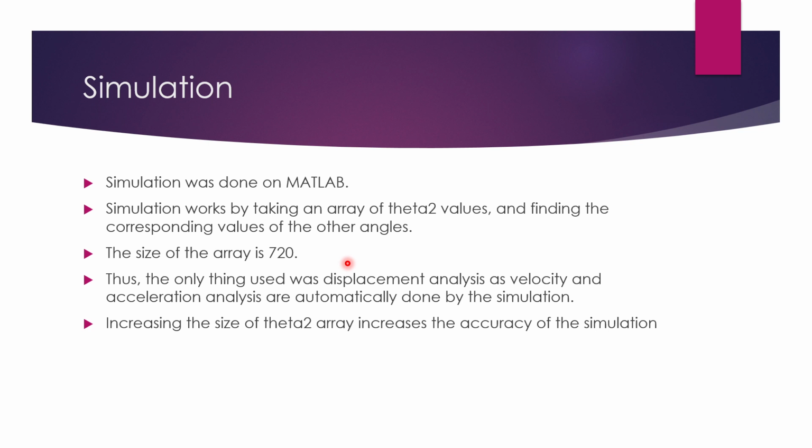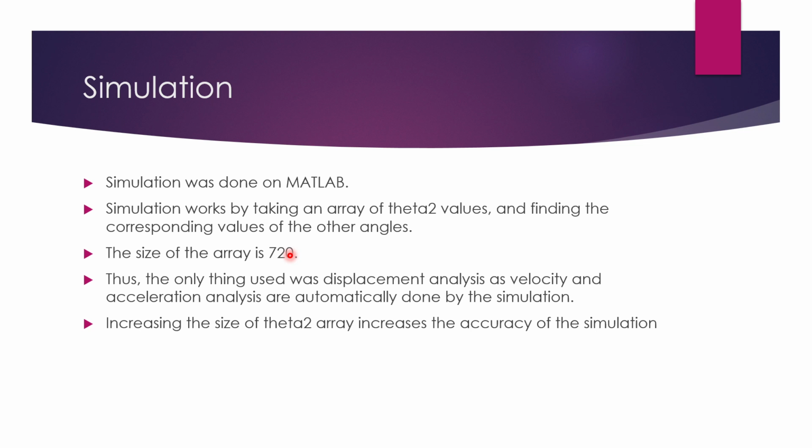This approach was inspired by the finite element method, which is a method to solve differential equations that most software these days use. Note that by increasing the size of the theta 2 array from 720 to, say, 7200, the accuracy of the simulation to its actual counterpart that we have derived analytically will increase.